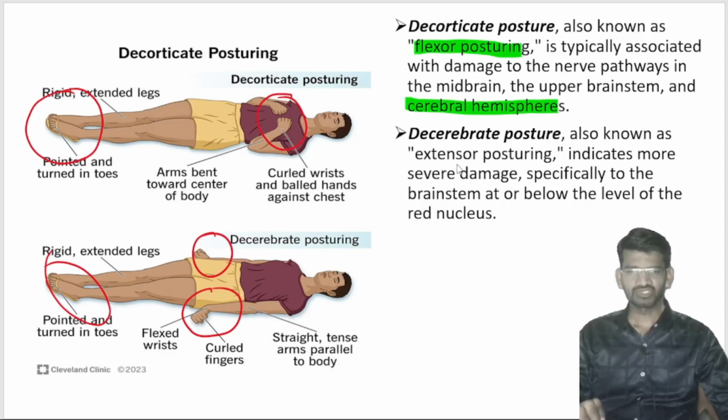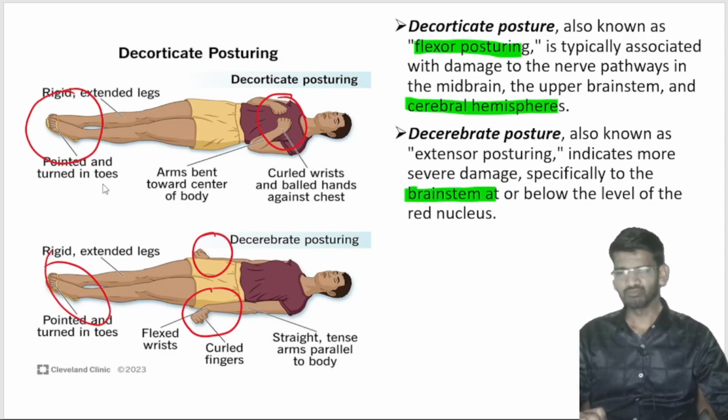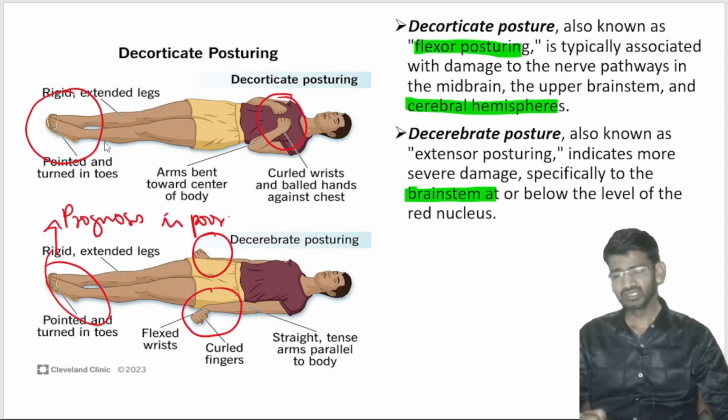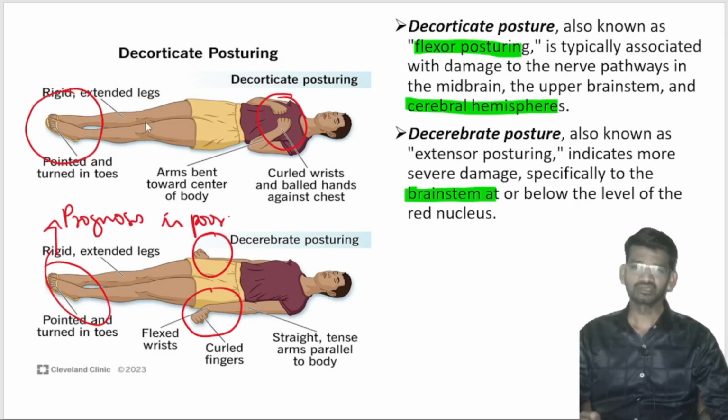So the decerebrate position, as I told, indicates the brainstem damage. So if the patient is with the decerebrate position, the prognosis is very poor. So with this condition, the prognosis is poor, okay, as compared to the decorticate position.